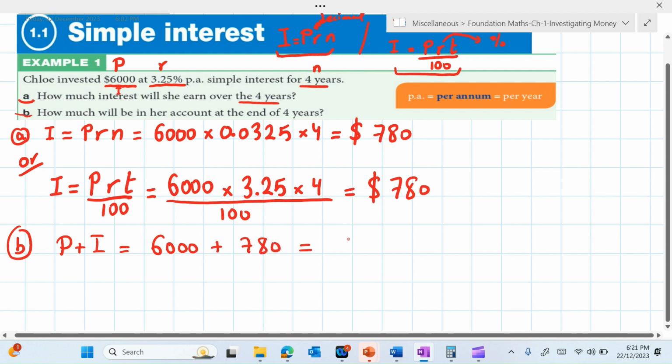That gives you $6,780. So if she starts with an investment of $6,000 with this interest rate, after 4 years she will have $6,780 in her account.